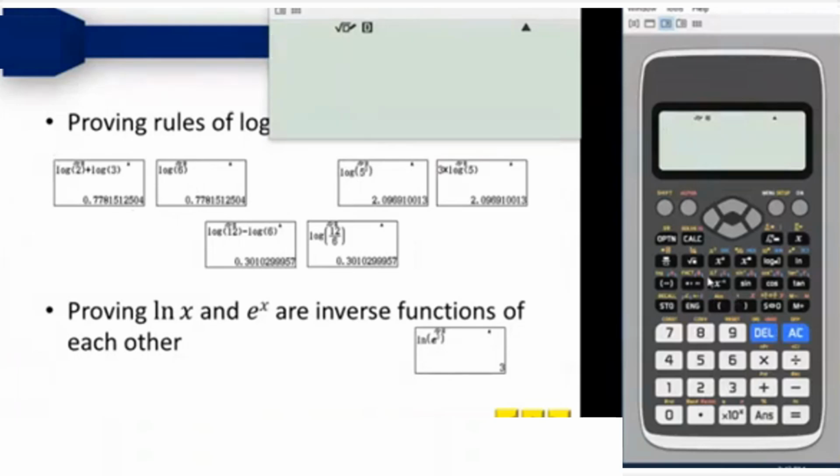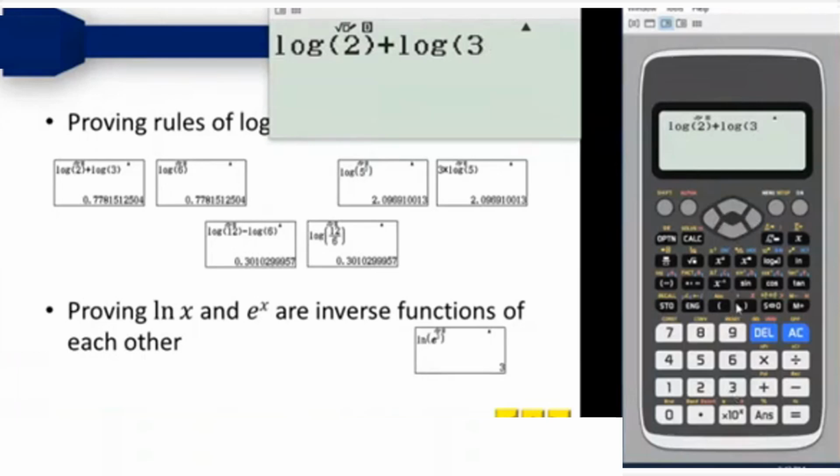So if I write it like this, shift and log. If you note there is log written in yellow here, so I will have to press shift and log, then close the bracket.